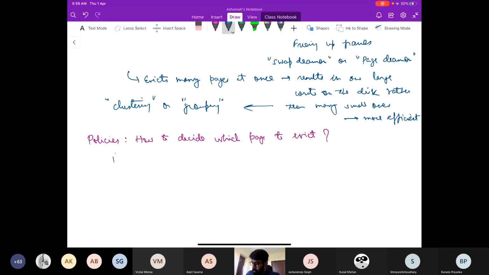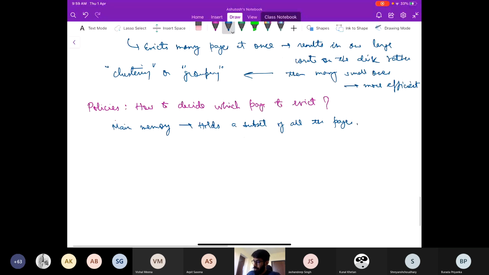Main memory holds a subset of all the pages. So it works like a cache, right? And what do we want to do?